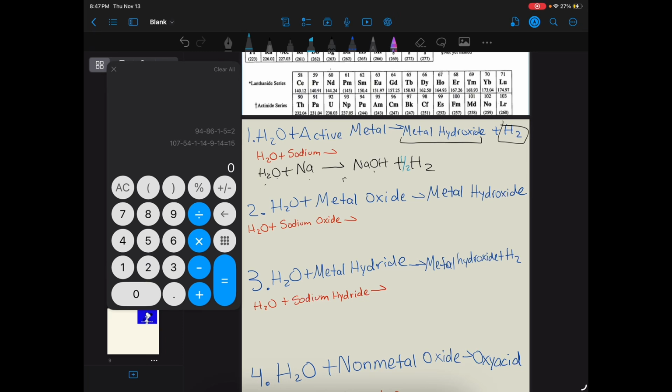That way all of the hydrogens would equal up. So that would just equal 2H2O plus 2Na equals 2NaOH plus H2. And why I did that is because it's 1/2 here, so you multiply every single term here by 2.